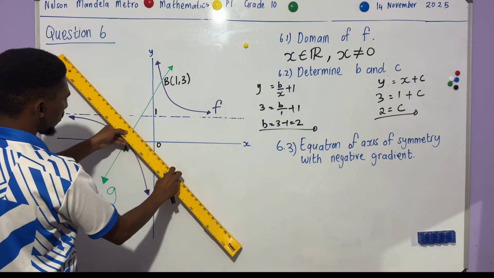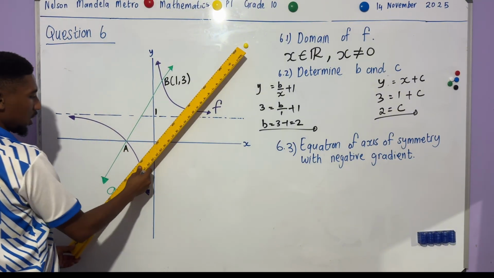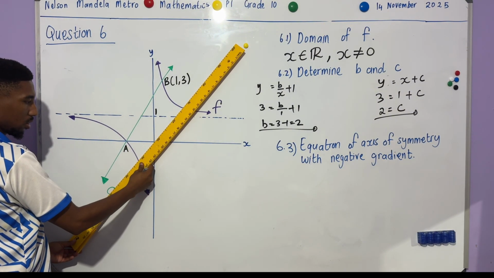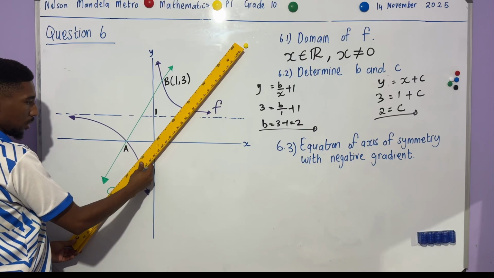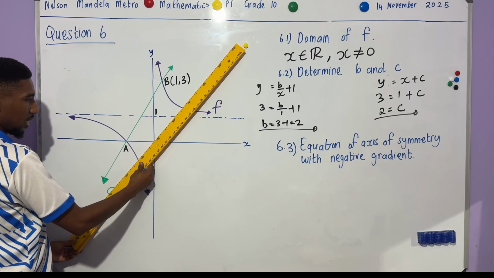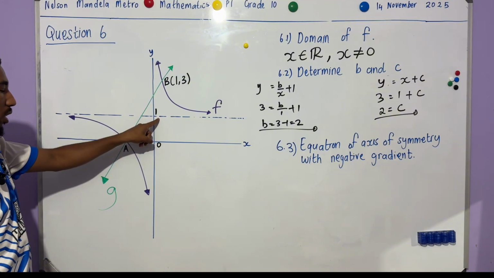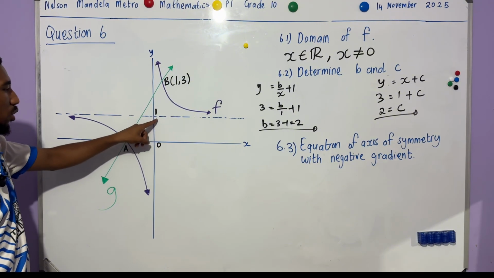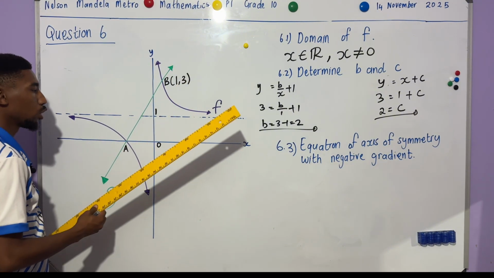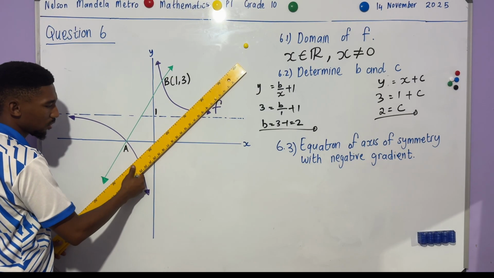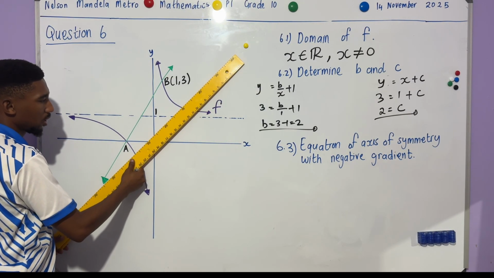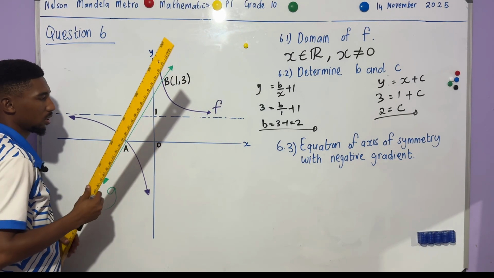Normally the equation of the axis of symmetry goes through the origin, but it has been shifted, and it's normally shifted up. You can look at the asymptote to do so. So you can see that the axis of symmetry equation has been shifted up by 1, right?